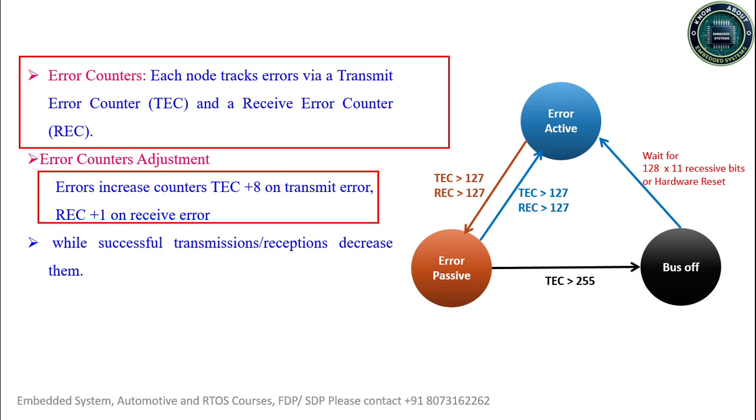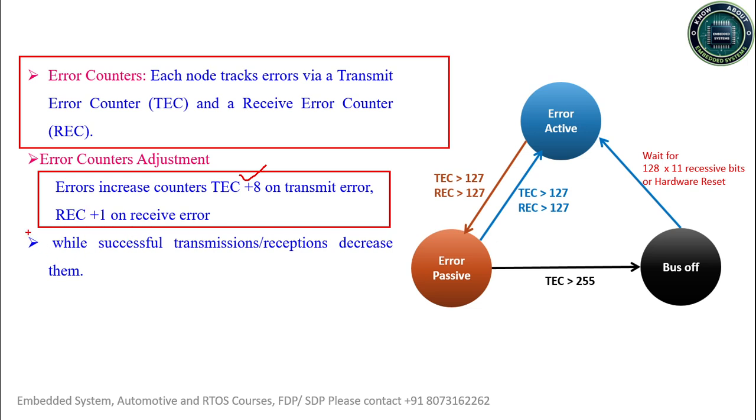If the error occurs on the transmission side, then TEC will get incremented by 8. If the error is identified on the receiver side, then the receive error counter will be incremented by 1. Every ECU will follow the same thing. So whenever there is an error, TEC will get incremented by 8 and REC by 1.